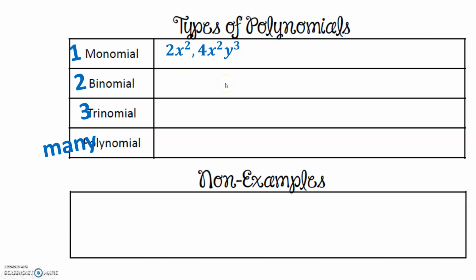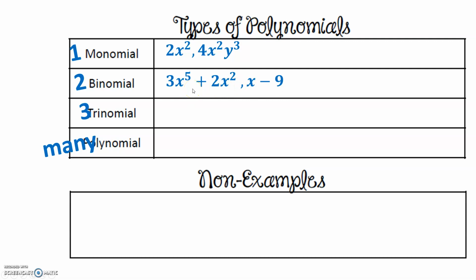A binomial combines one monomial and makes it a set. So 3x to the fifth plus 2x squared is a binomial. x minus 9 is another binomial because you are adding and subtracting two different monomials. And yes, technically 9 is a monomial.